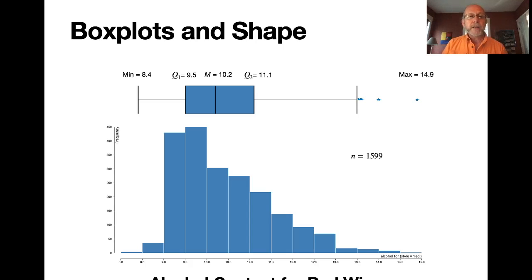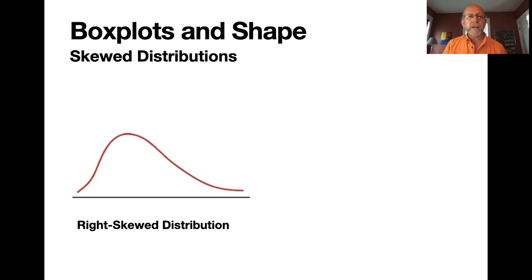This kind of thing is consistent across several different types of distributions. If you have a right skew distribution, the box tends to get stretched out towards the right. So the right side of the box may be longer, and/or the right whisker may be longer. And of course, you may have outliers out beyond that whisker on the right.